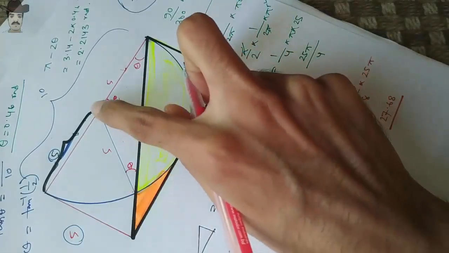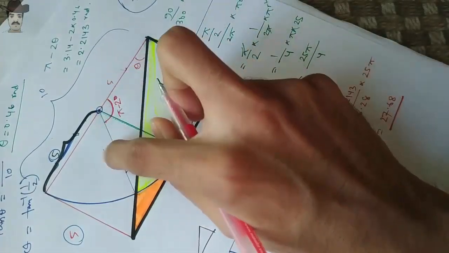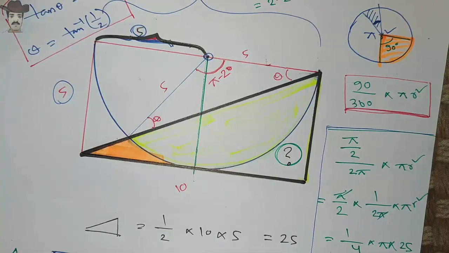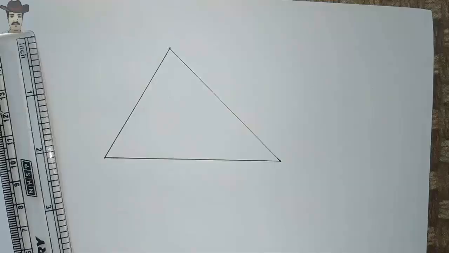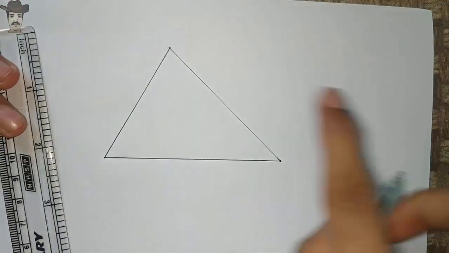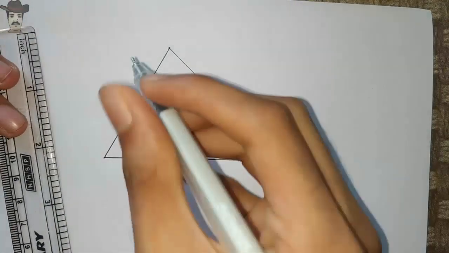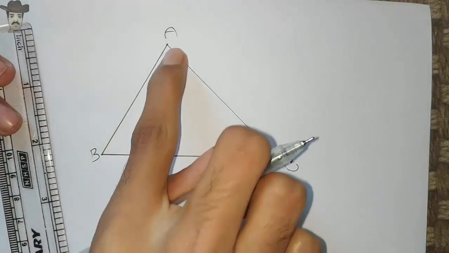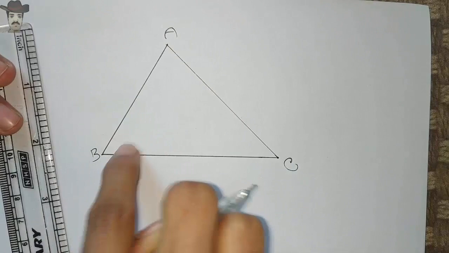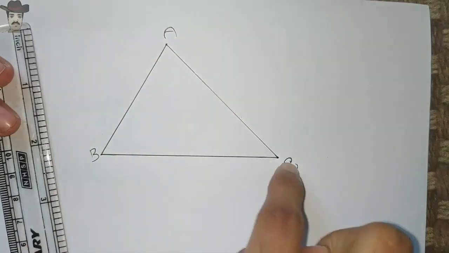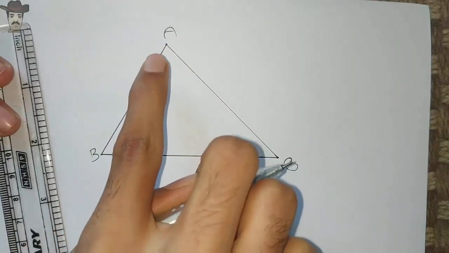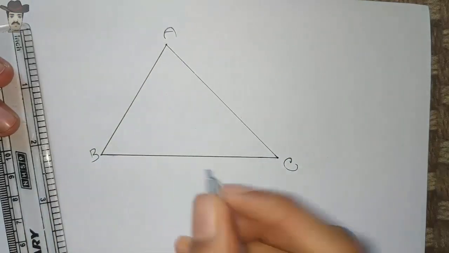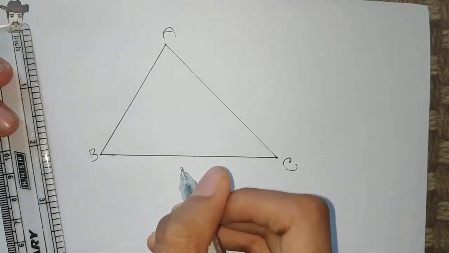As we see in this triangle, these two sides are the same. So how do we find out this area? If we consider a triangle ABC, this angle is A, this angle is B and this angle is C. We represent those angles by capital letters and the opposite side of each angle with lowercase letters.